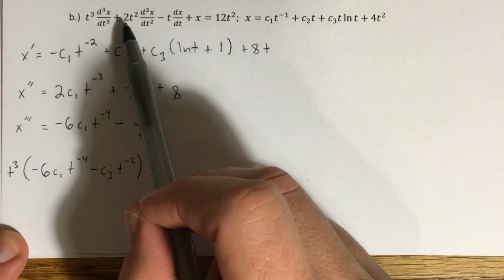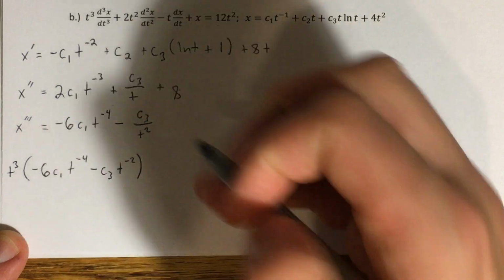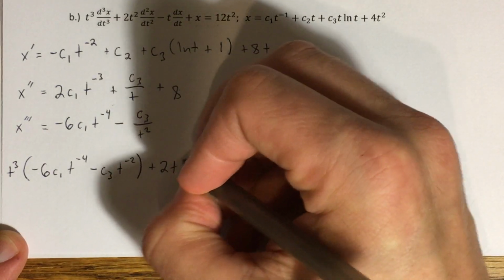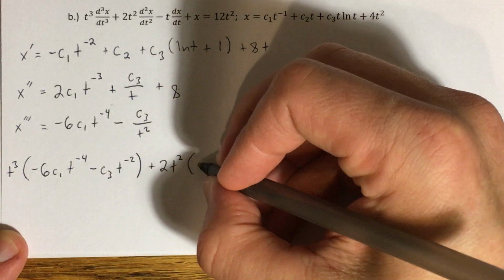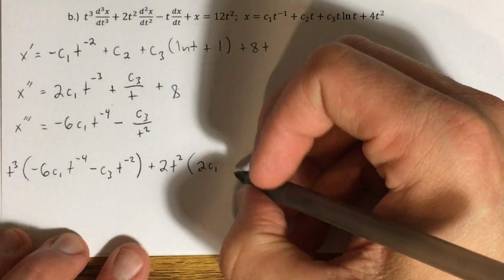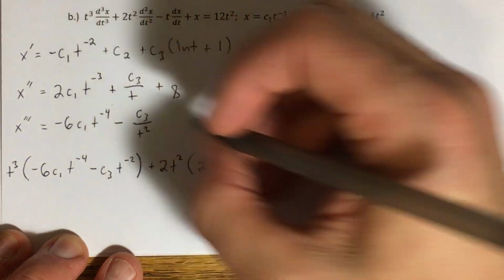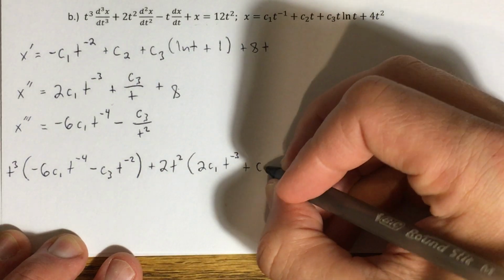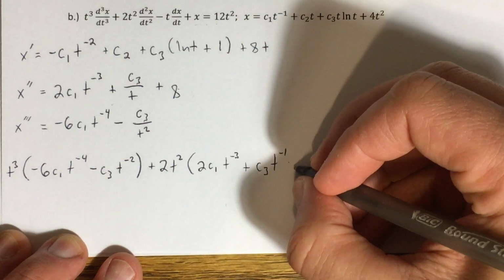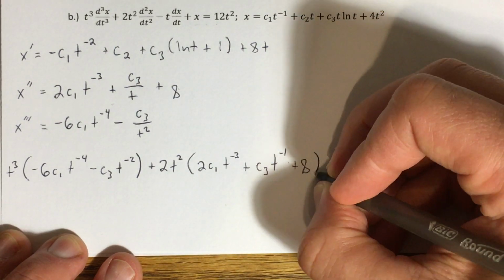Okay, then I have plus 2t squared times my second derivative, which is given here, 2c1 t to the negative third power plus, let's call that c3 t to the negative 1 power, plus 8.